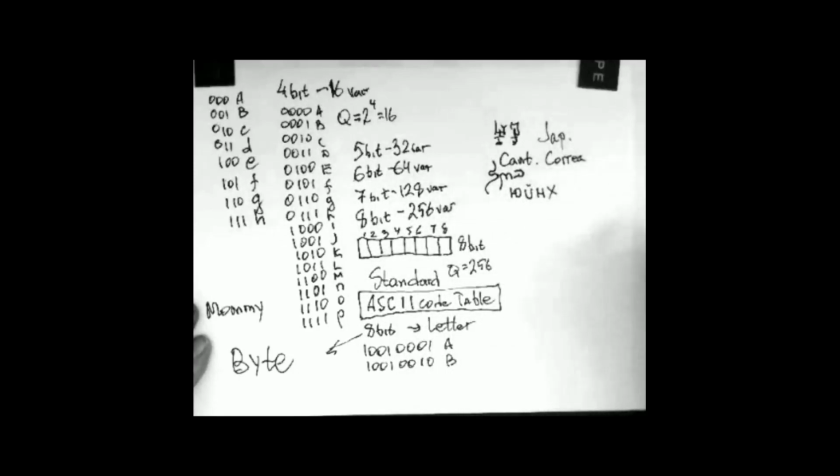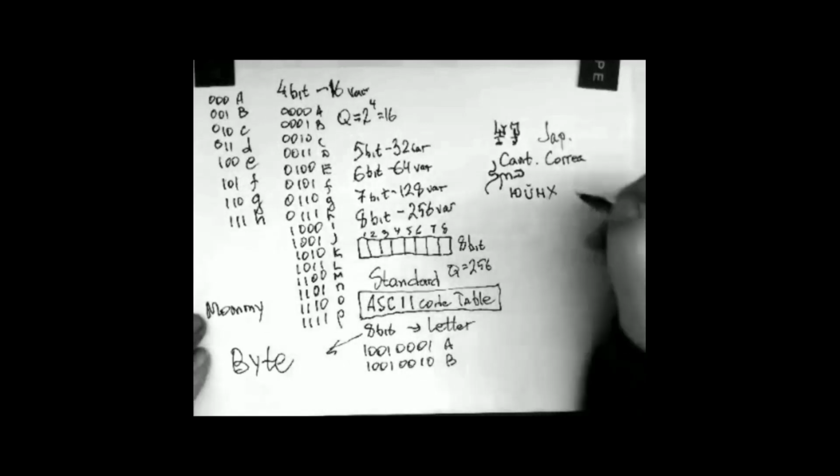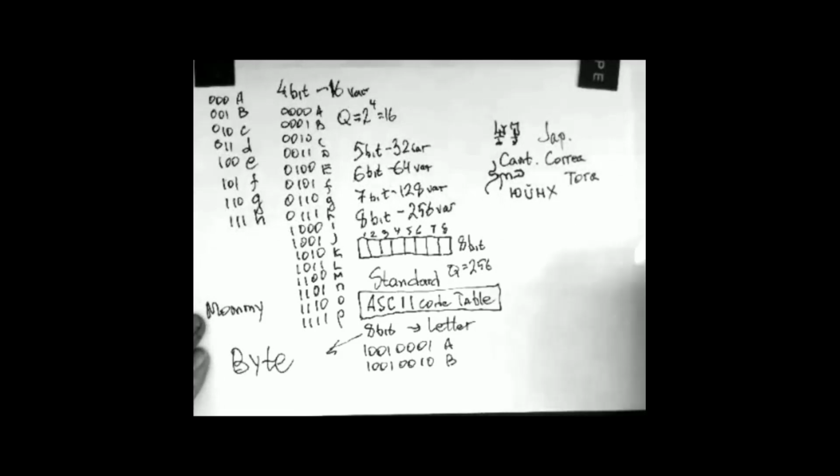Folks, I don't know Arabic. Al Quran is a holy book that actually uses this language. So how to encode Al Quran or how to encode Torah? You know, Torah is the Jewish Bible that actually uses the Hebrew alphabet.